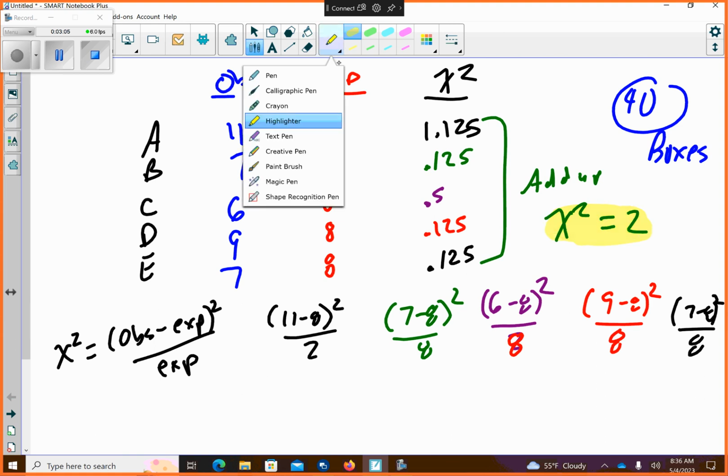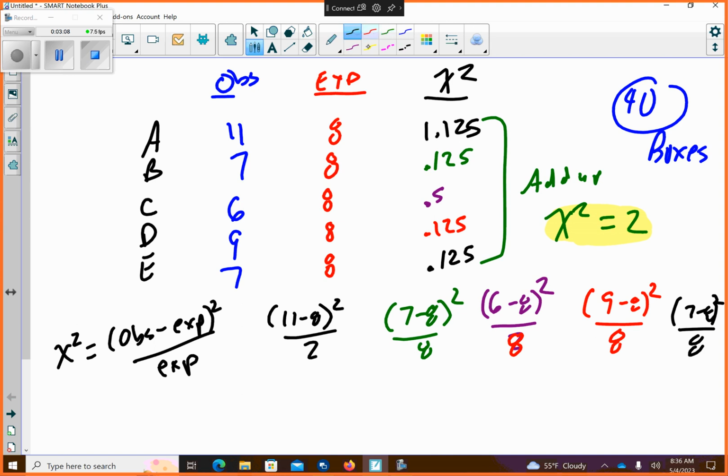Then from here we have to look at our hypotheses. Our null hypothesis could say cards are equal.